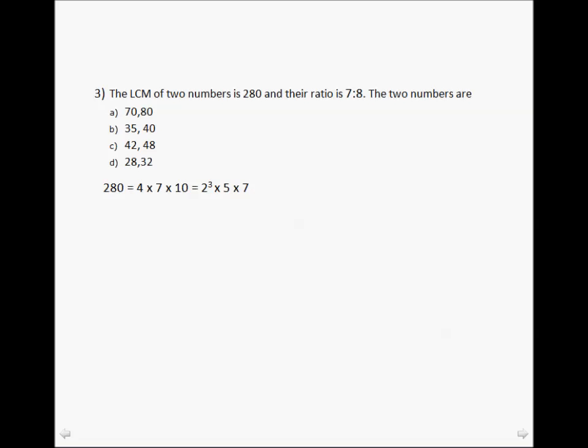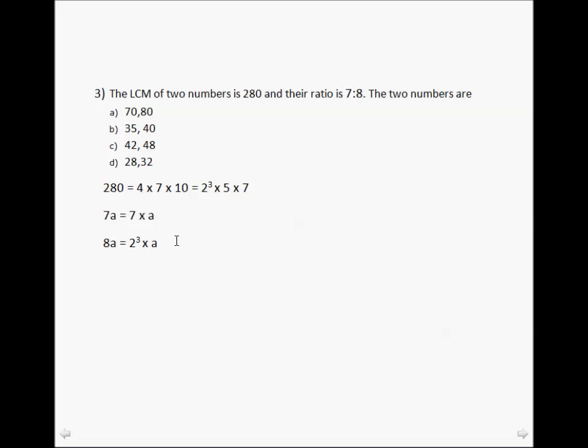and our numbers are given to be in the ratio 7:8. So let the numbers be 7a and 8a, right? So the first number is 7a, the next number is 8a. 7a can be written as 7 into a. We don't know whether a is prime or not, so we'll just write a, and 8a can be written as 2 cube into a.